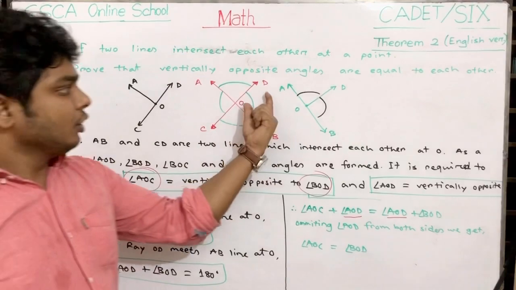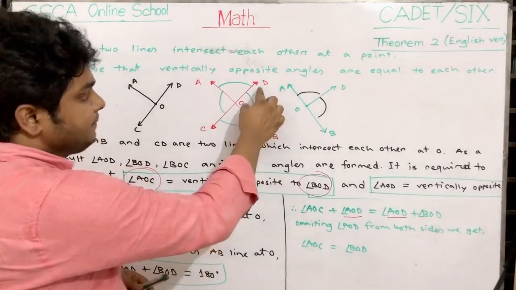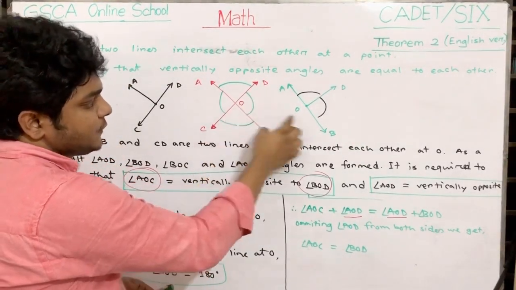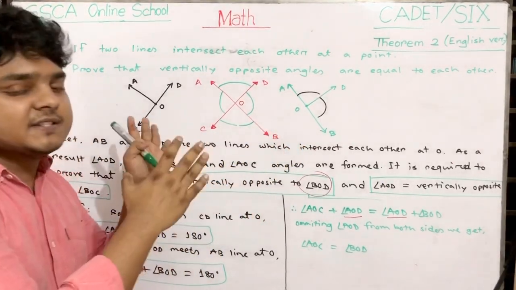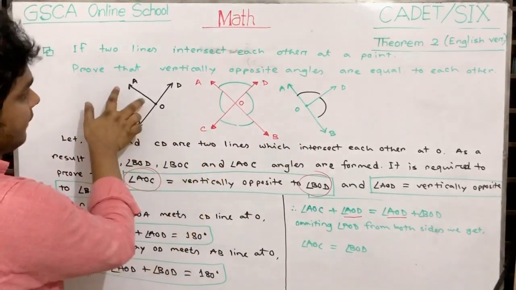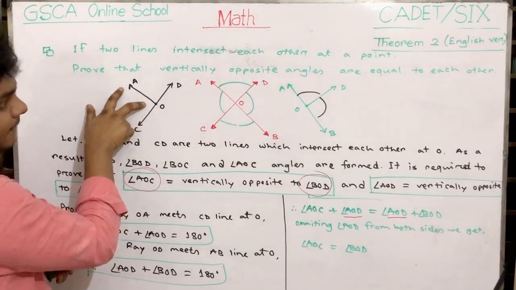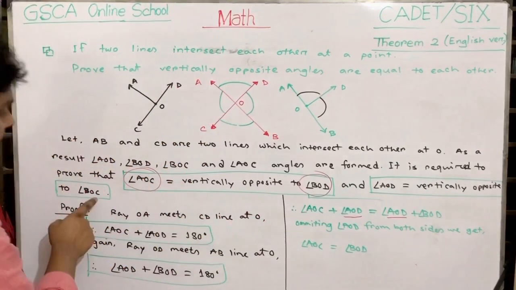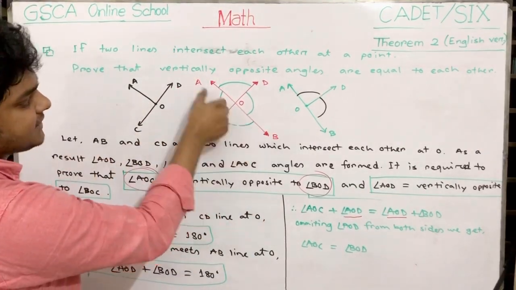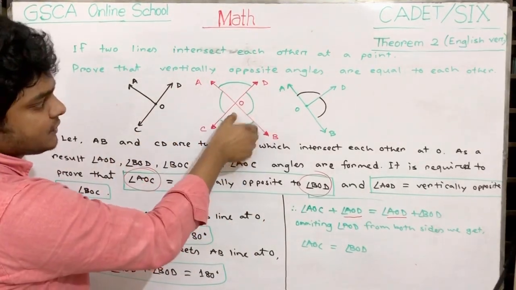And when we took OD, the opposite of OD is OC, and OC is not present here, right? So we will just reverse the thing. We have taken OA, so we will not take OA. When we are going to prove AOD is equal to BOC, we will take OB. In case of OA, we will take OB, so OA will be omitted.